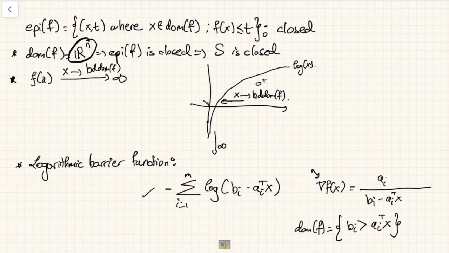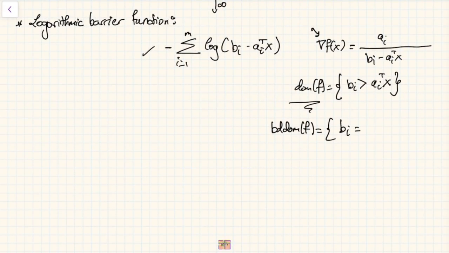And 2, if your f of x approaches infinity as x approaches the borders of the domain of f, which is the case of the logarithmic barrier function, as we approach the border of this guy, which is achieved with equality, you see that the denominator explodes. But we don't care about the denominator, we care about this function right here. What happens to f of x?